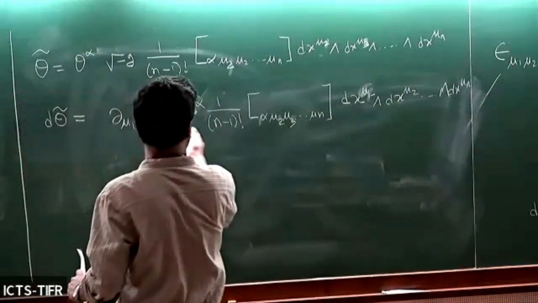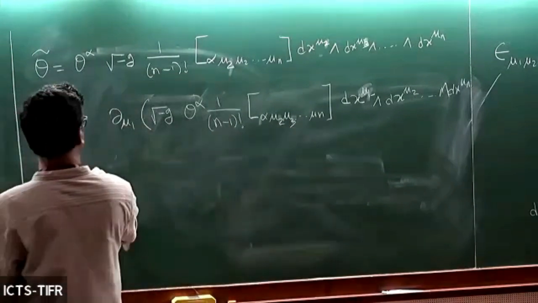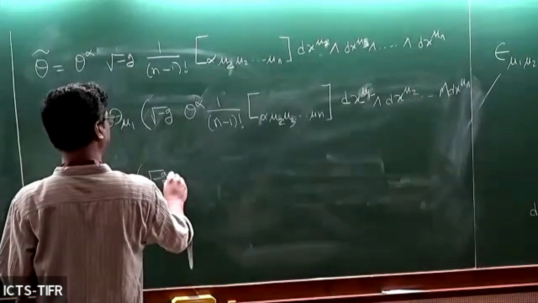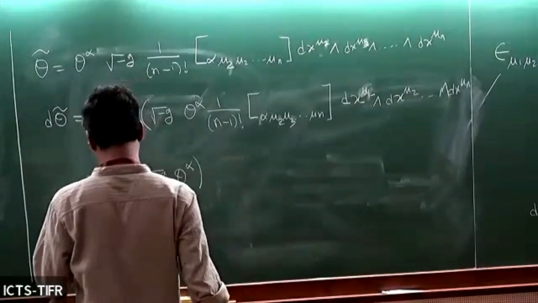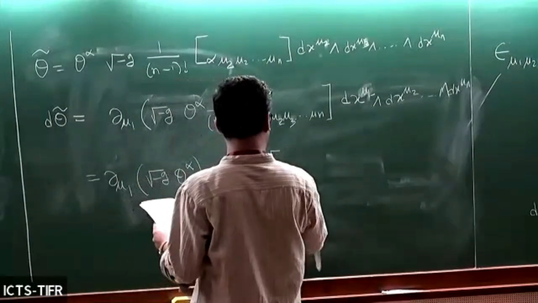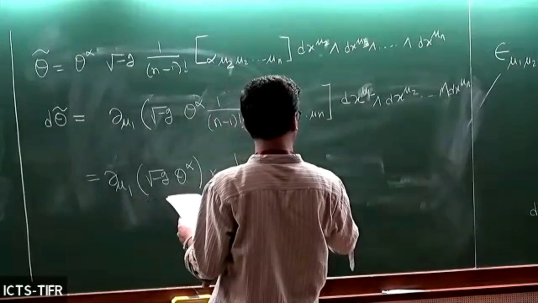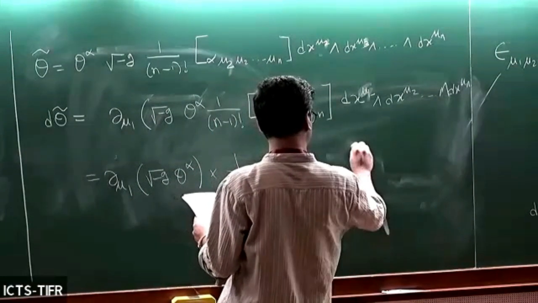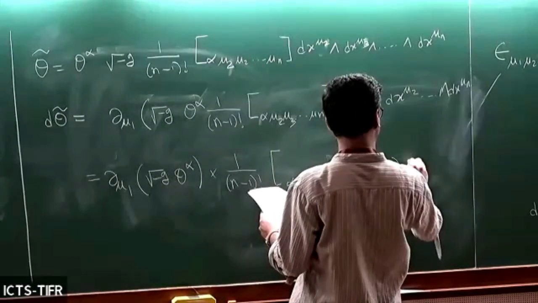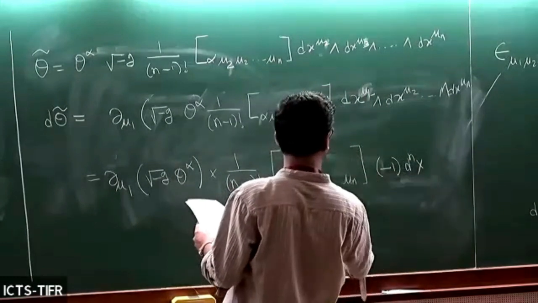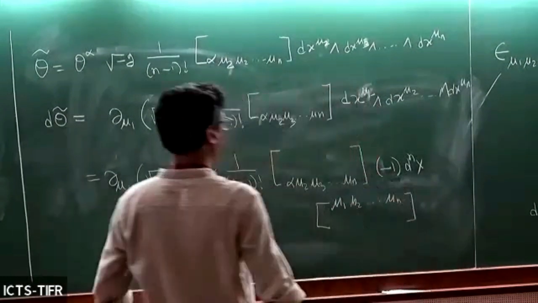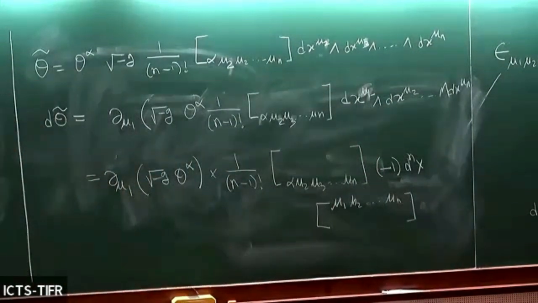What I'll actually have is del of mu1 square root of minus g theta alpha into 1 by (n minus 1) factorial, then epsilon alpha mu2 mu3 ... mu n, and then this object is minus 1 dnx epsilon mu1 mu2 ... mu n, exactly the way last time we defined the normalization.